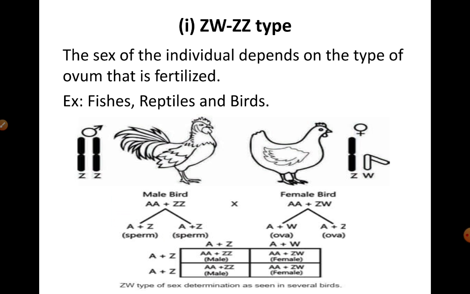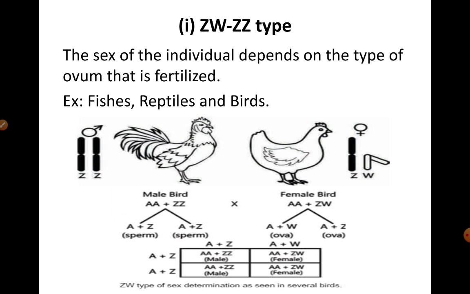You can see this kind of sex determination in fishes, reptiles and birds. So let's take the example of birds and understand how the process of chromosomal sex determination occurs.